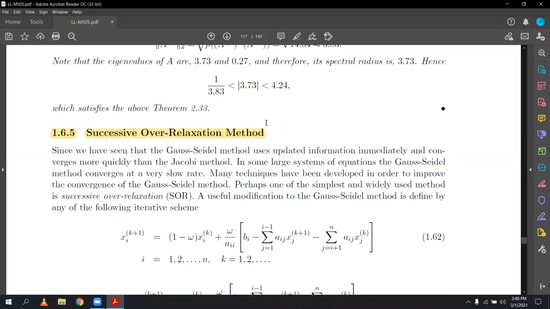But Gauss-Seidel alone also converges slowly. So to make the convergence faster, we make a small modification in the Gauss-Seidel method, and then we have a new formula, which we call the successive over relaxation method, or in short SOR.